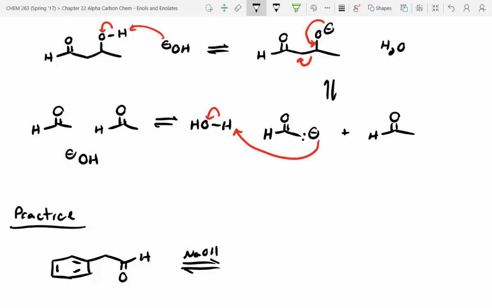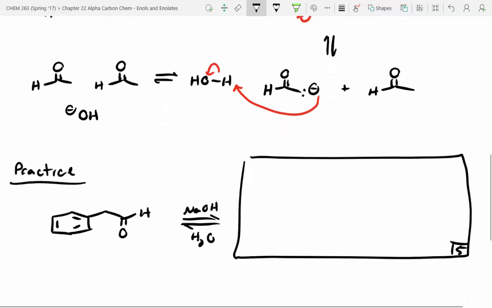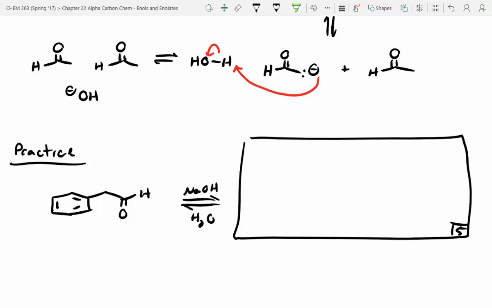So we've got sodium hydroxide, water, and I want you guys to help me determine what the product would be. 5 points. That's 50 points, I guess I have to do it.